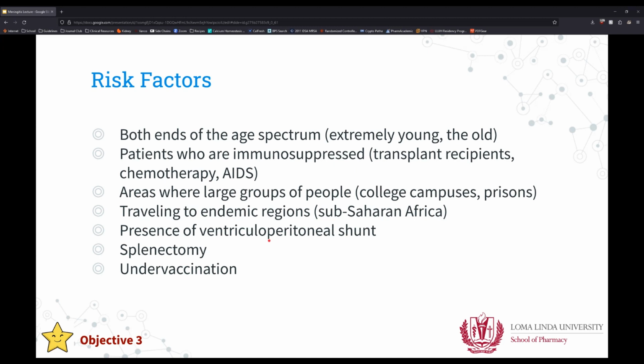But anyway, this is another opportunity for bacteria to seed and compromise our central nervous system, is what I'm trying to get across here. Patients who have had a splenectomy are also immunocompromised. And if they are under-vaccinated, that is another risk of getting infected.